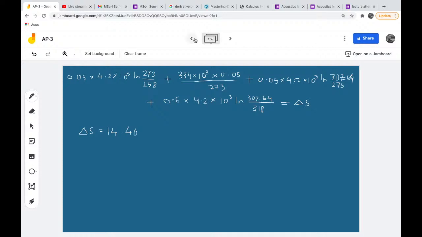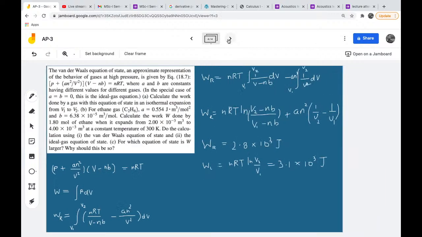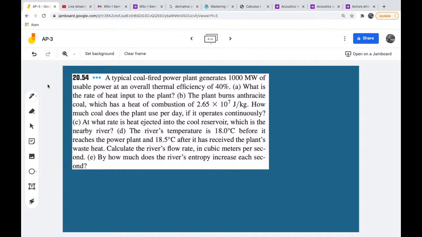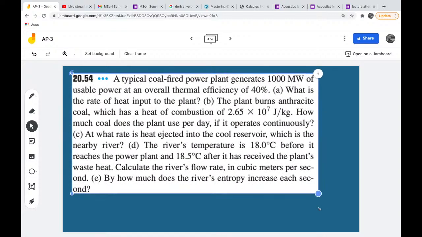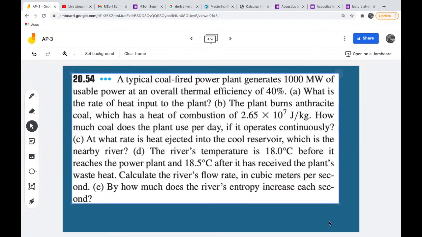So this is an interesting question which we took. Now let me introduce one more at least. Maybe we will solve it in the next class. The problem that I can introduce now is on heat engines, or the dynamics of a thermal plant.